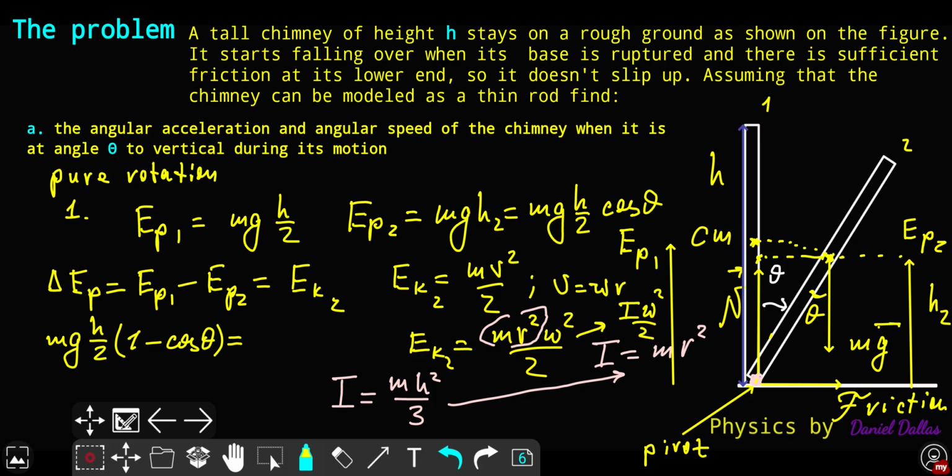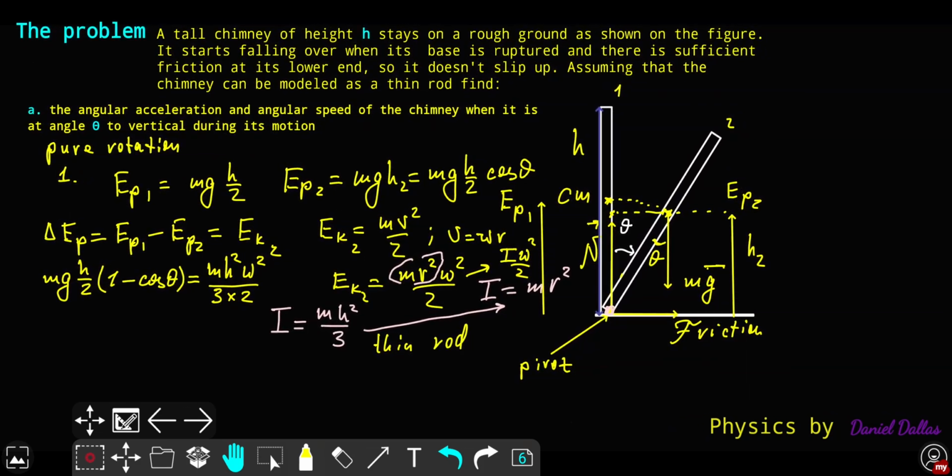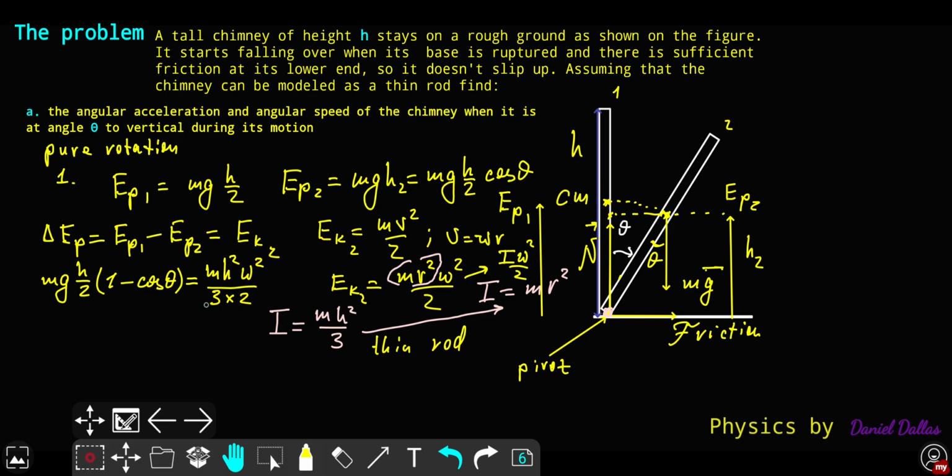So that means right now we can plug in this expression for the thin rod. That's fair for the thin rod, okay? And we will get the following: mh squared omega squared over 3 times 2, okay? That's exactly what we need in order to get the expression for omega.